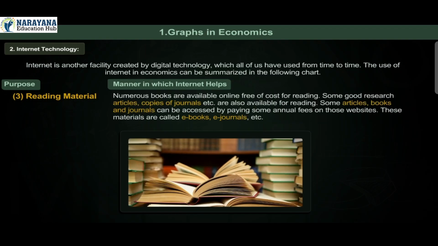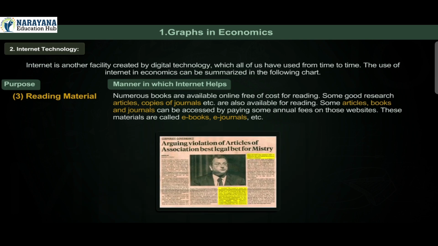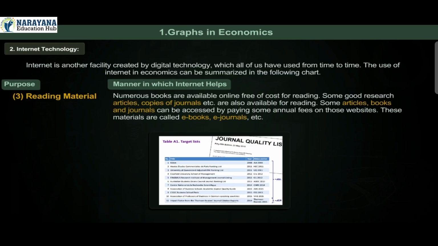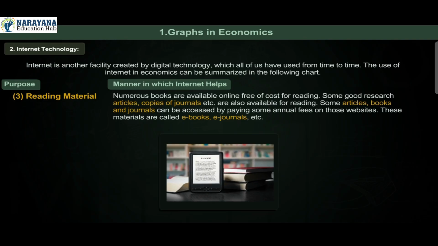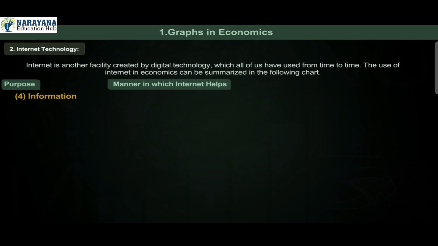3. Reading material. Numerous books are available online free of cost for reading. Some good research articles, copies of journals, etc. are also available for reading. Some articles, books, and journals can be accessed by paying some annual fee on those websites. These materials are called e-books, e-journals, etc. 4.